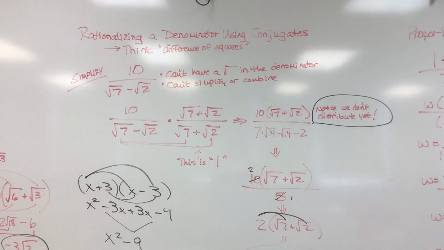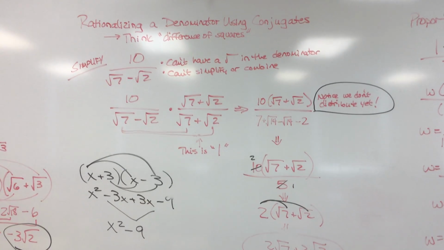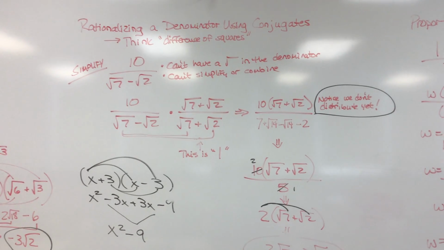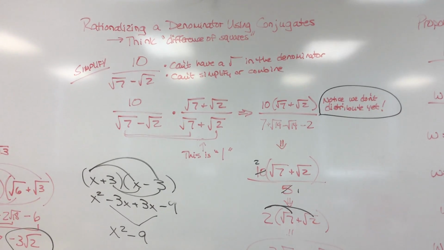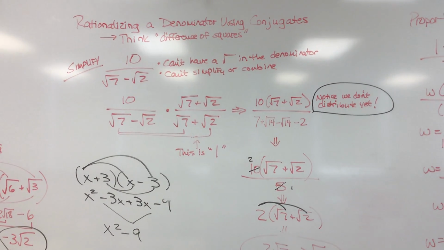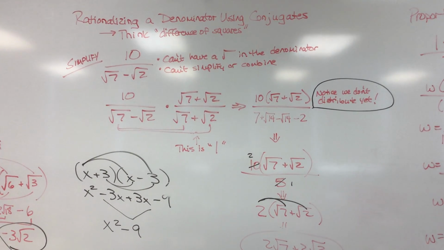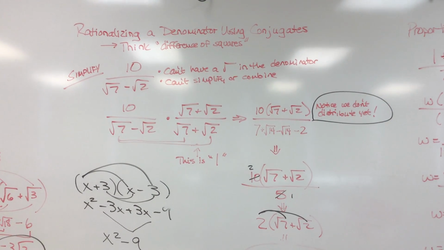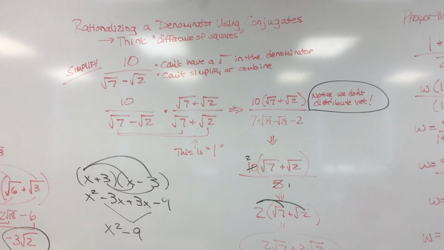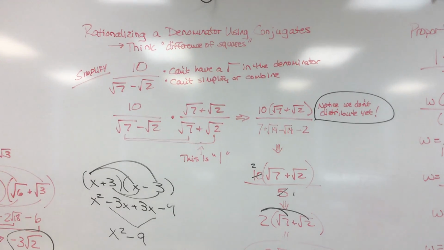So we're just left with the radicand, what's inside. So we have 7. Then we have radical 7 times radical 2 gives us radical 14. Then we have negative radical 2 times radical 7, which gives us negative radical 14. Then we have negative radical 2 times radical 2, which gives us negative 2.